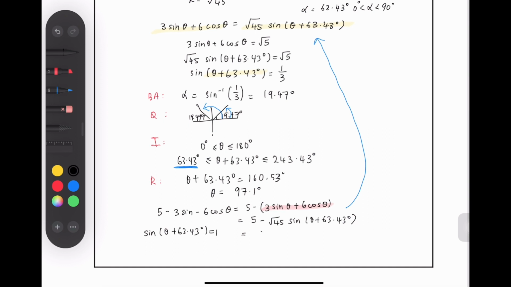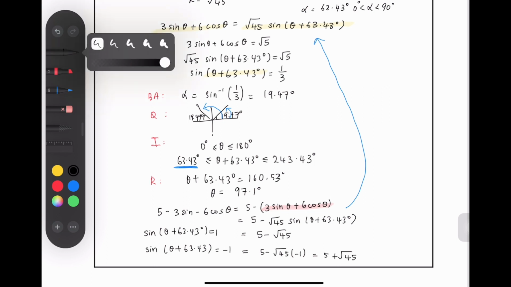Then it becomes 5 minus root 45. But when I substitute sine(theta plus 63.43) equals negative 1, then it becomes 5 minus root 45 times negative 1. And that is 5 plus root 45.